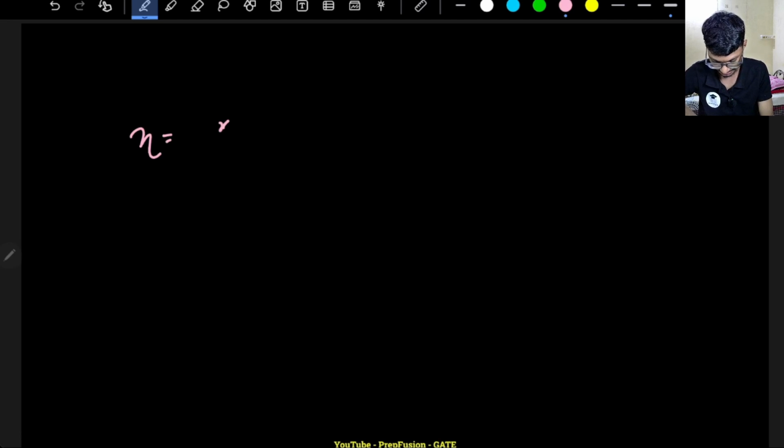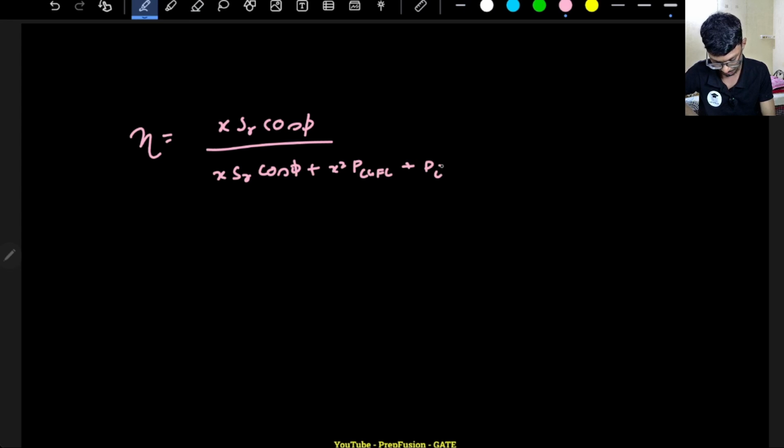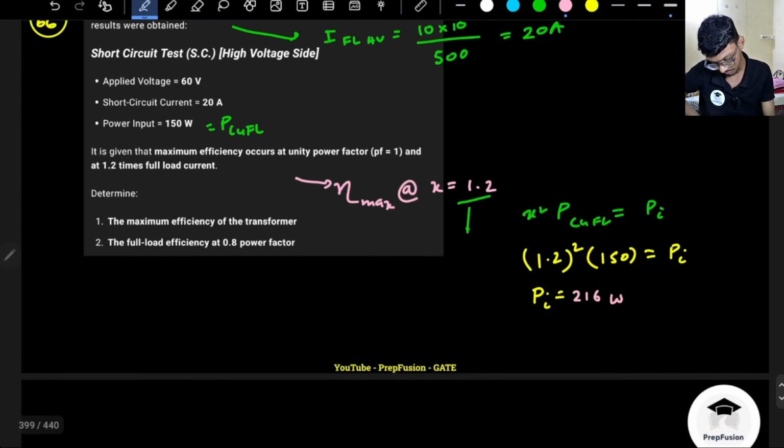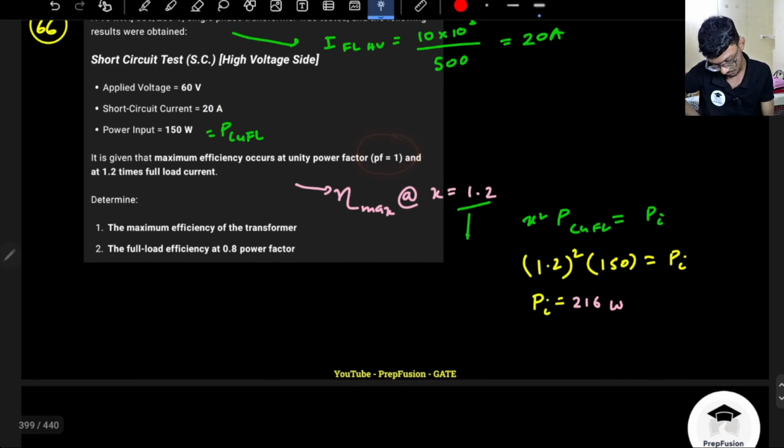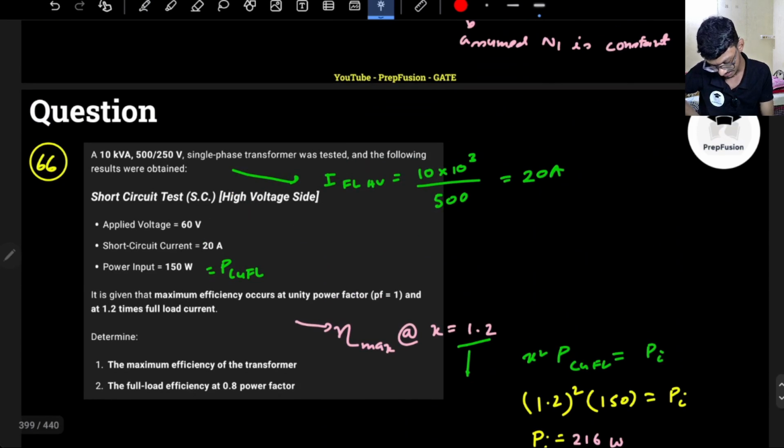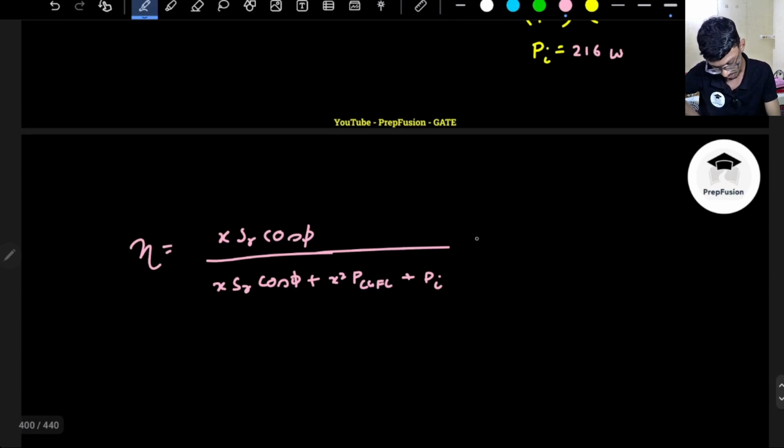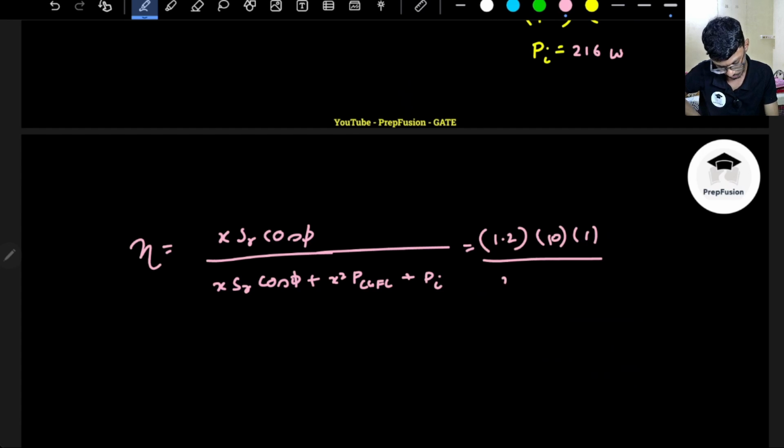It is x into SR cos phi divided by x into SR cos phi plus x square into PCUFL plus P core, right? Cos phi is 1, x is 1.2 and SR is 10 kVA. So this will be 1.2 into 10 into 1, which is 12, plus the x square PCUFL.